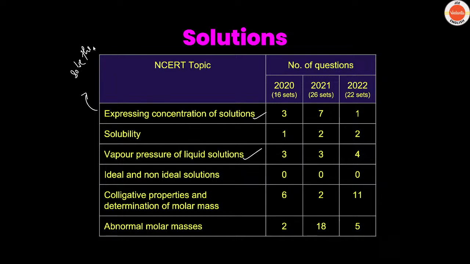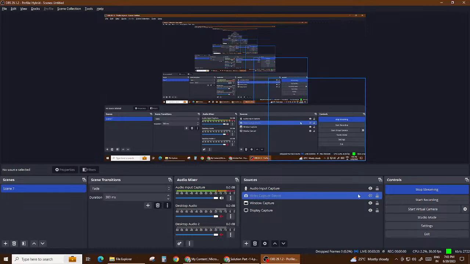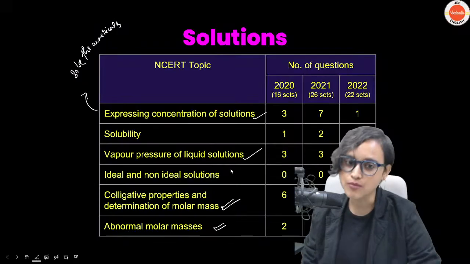Colligative properties and determination of molar mass is obviously very important because mostly the questions come from here. Apart from this, abnormal molar mass is also important. These are the topics that are really important for us, and this is where we are going to focus.